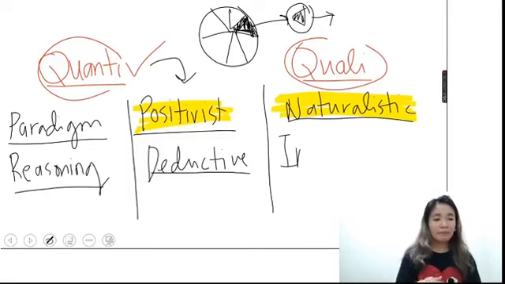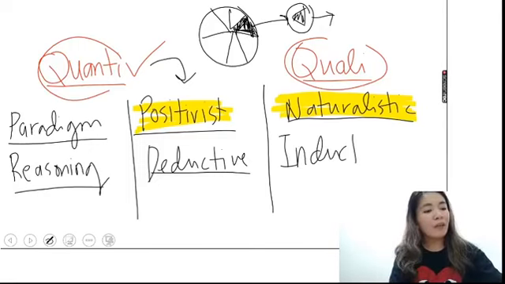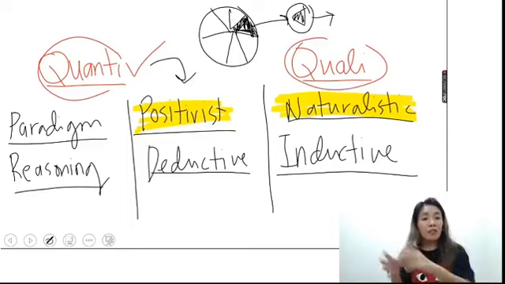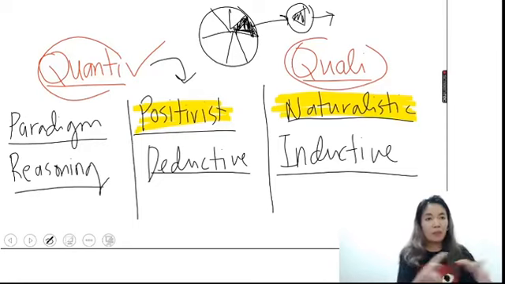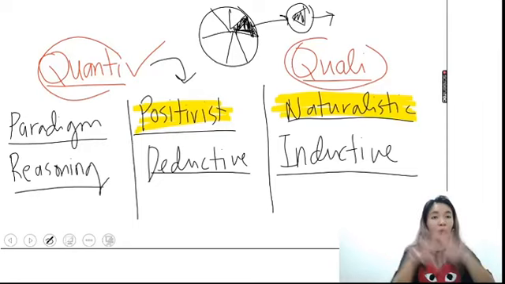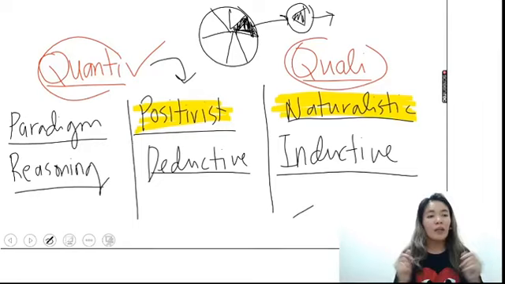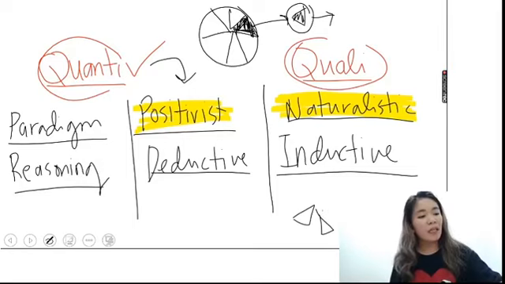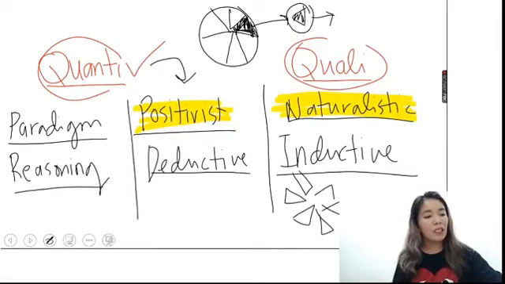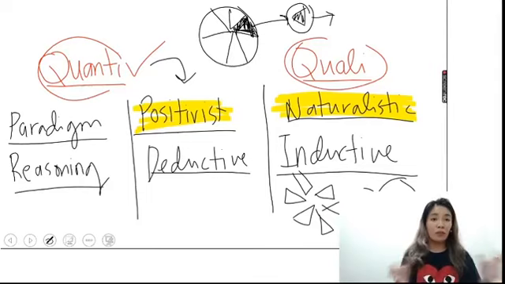Si quali naman, ang ginagamit natin dito is inductive reasoning. Okay? Pag sinabi natin na inductive, from specific to general, from small to big, ganun yung pagtingin doon sa study na yun. Okay? Now, for example, you have bits and pieces, like, senior citizen si patient, ito yung manifestations niya, ito yung comorbidities niya, ito yung lugar na tinitira niya, ito yung kanyang health practices, etc., and then, ito yung kanyang sakit, COVID-19.